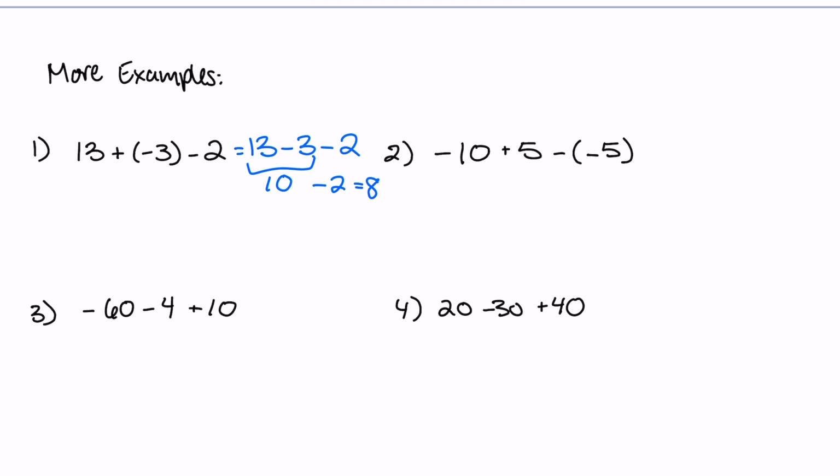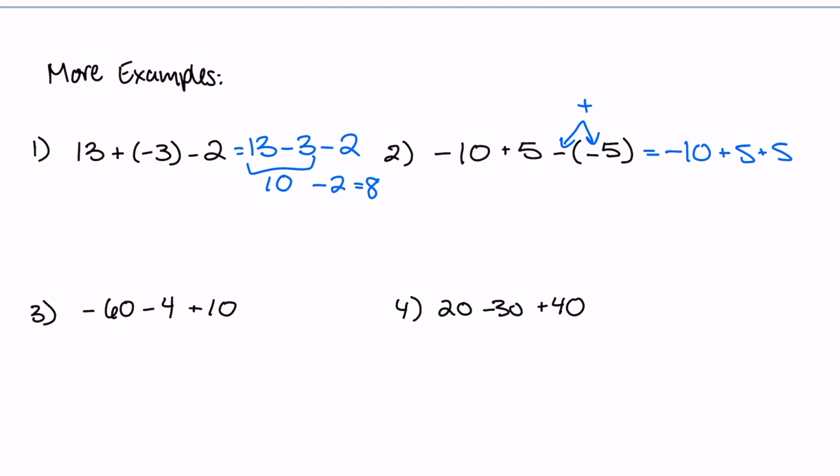For our second example, we have -10 plus 5 minus -5. So we have two of the same sign next to each other, so their product is going to be positive. So we can rewrite this as -10 plus 5 plus 5. And now remember, it doesn't matter which order you add the terms.